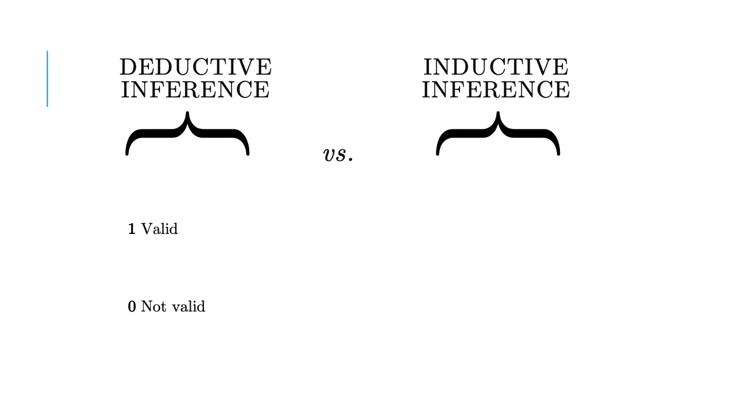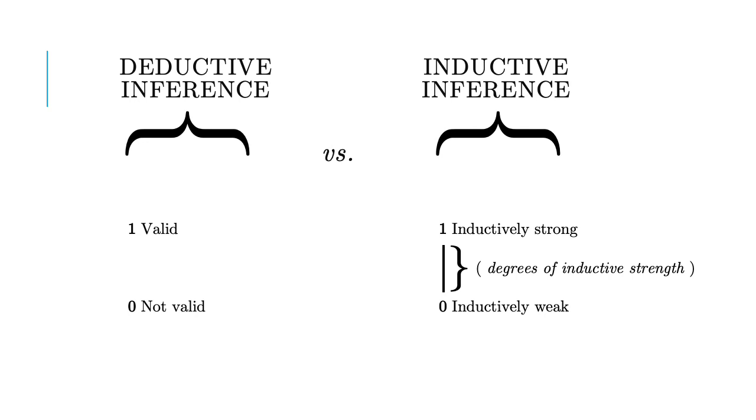One way that we can think of the contrast between how we assess the strength of deductive inference and inductive inference is to observe that deductive inferences come in the form of either valid or not valid, where for valid deductive inferences, the truth of the premises guarantees the truth of the conclusion, whereas inductive inferences come in degrees, and inductively strong inferences make the truth of the conclusion highly probable, whereas inductively weak inferences provide little or no support for the truth of the conclusion of an inductive argument.